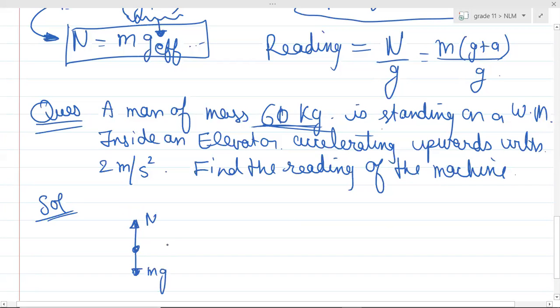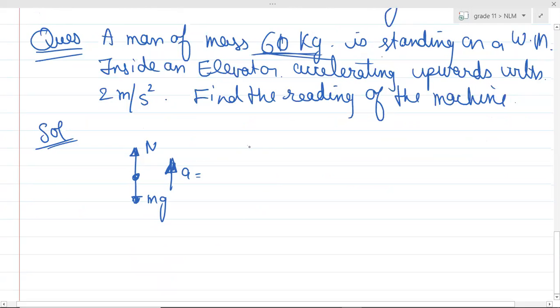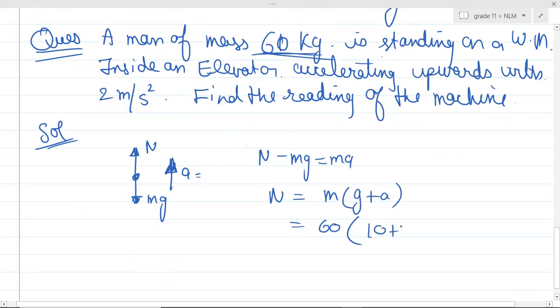So this weight is 720 Newton, not 7200. Weight is a force, and the reading will be that 720 divided by g. So N will be equal to m into (g plus a), which is 60 into (10 plus 2), which will be 720 Newton.